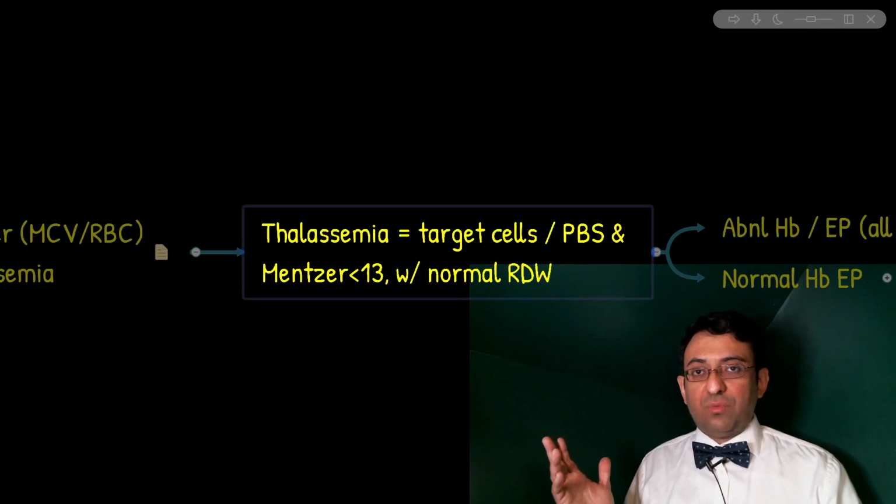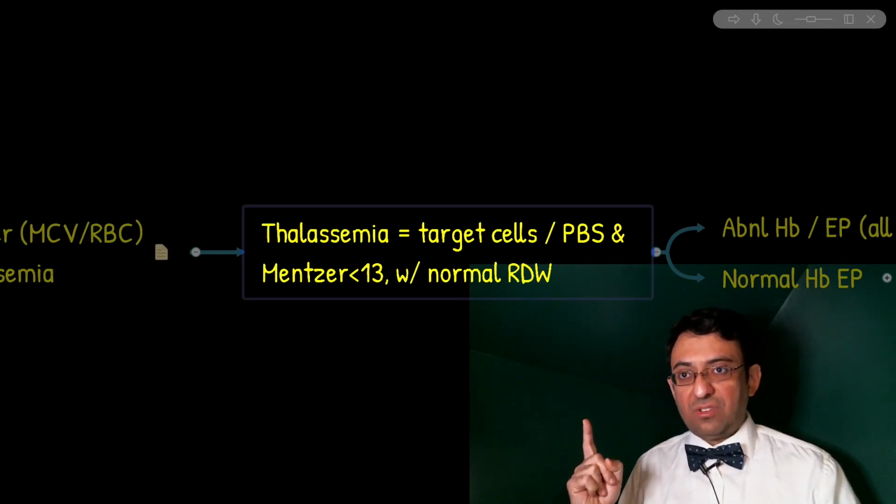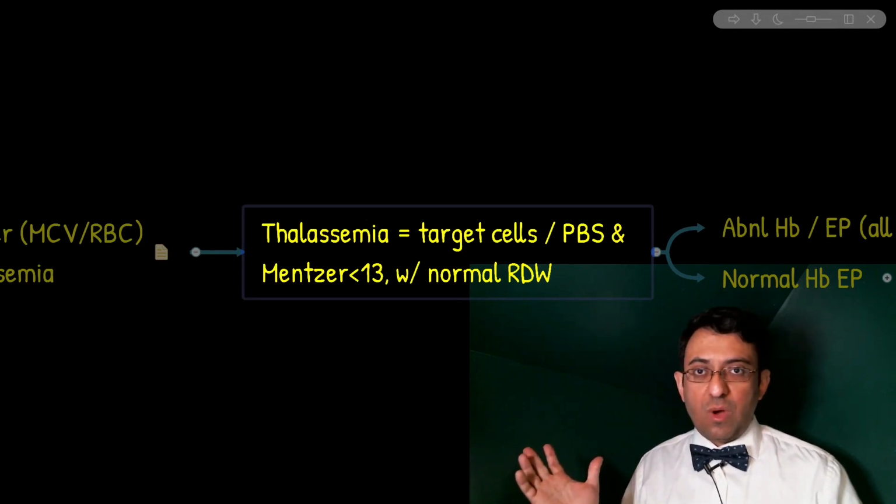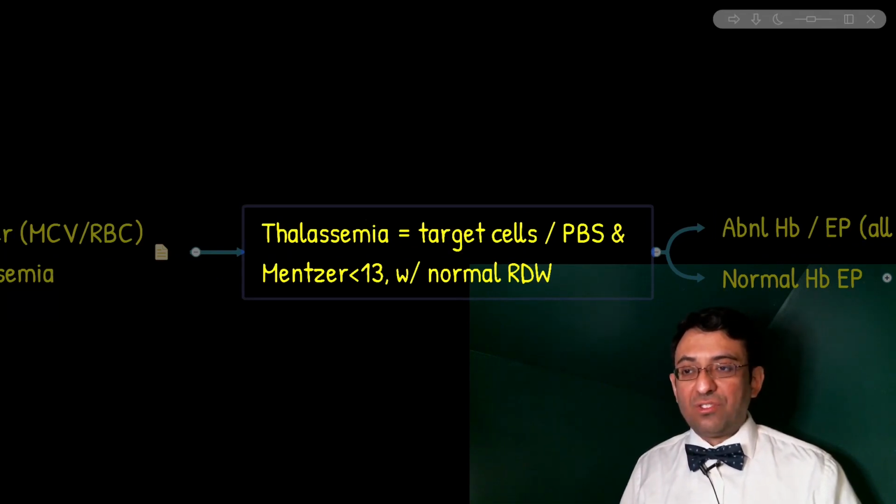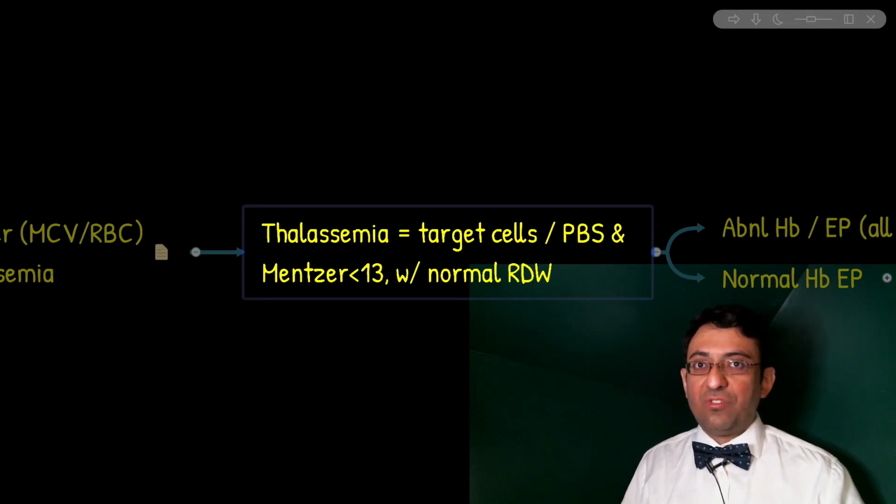However, if you are asked what is the number one most important test to differentiate these subclasses and we do not want to perform genetic testing, the answer is hemoglobin electrophoresis.